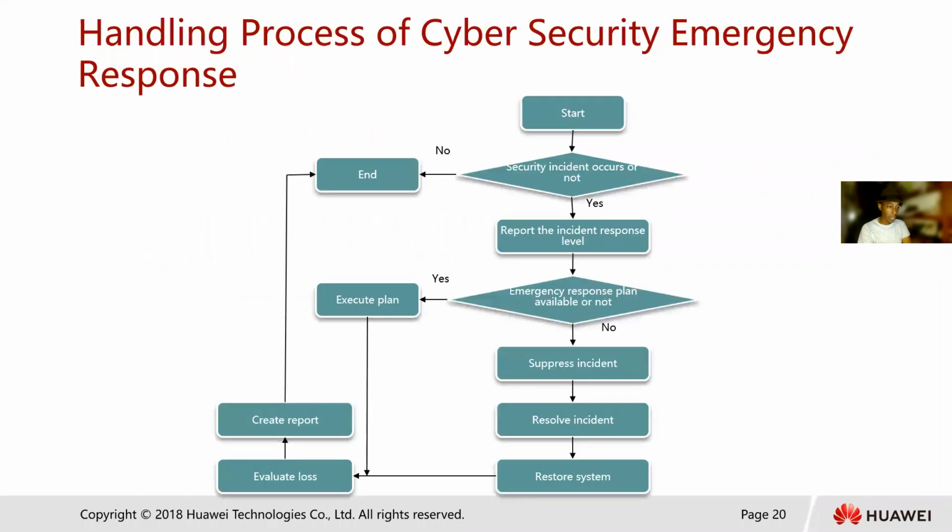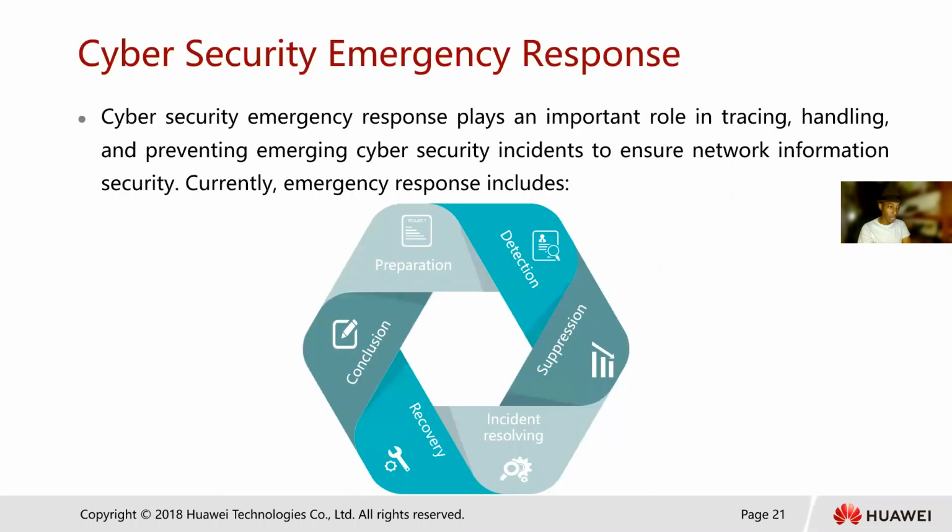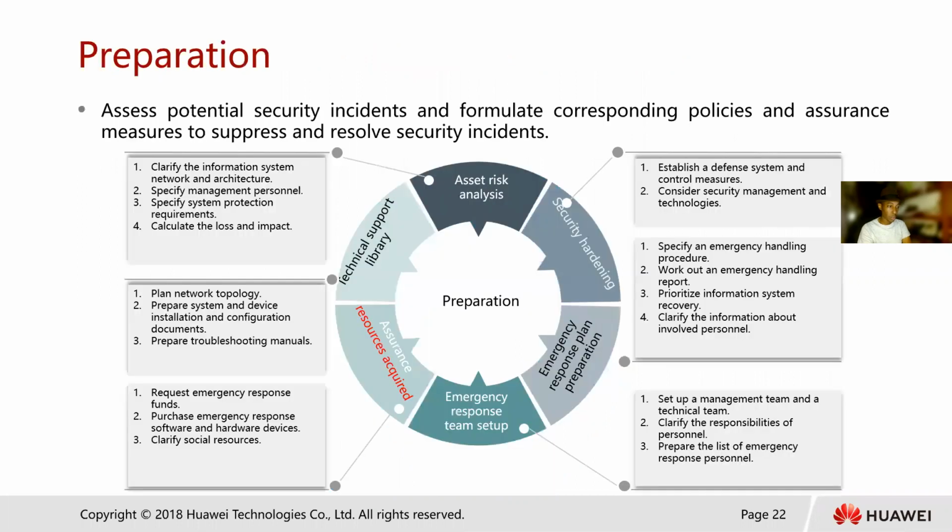So what is the process? If you look at the whole process, this is what I've told you about. We have the preparation, you detect, you suppress, you try to resolve the incident, you recover, then you conclude. There are also some activities within it.